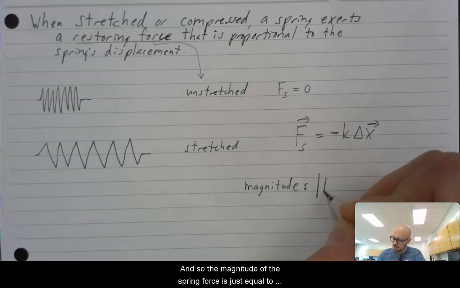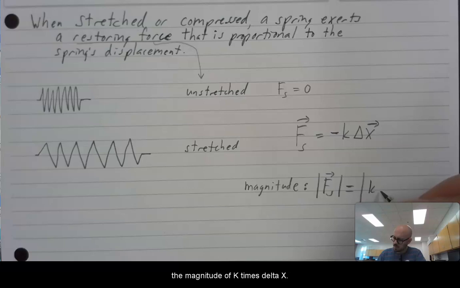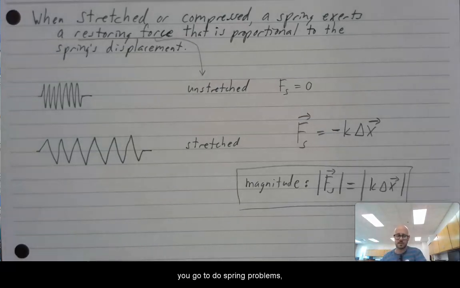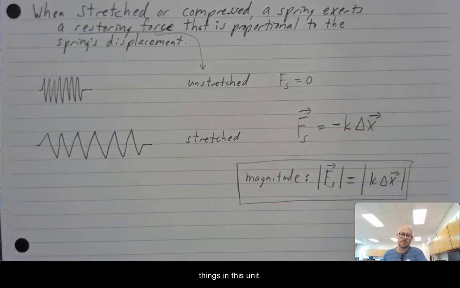And so the magnitude of the spring force is just equal to the magnitude of k times delta x. This is the one that I want you to have in your head as you go to do spring problems, because it kind of fits in with the way we've done all the other things in this unit.